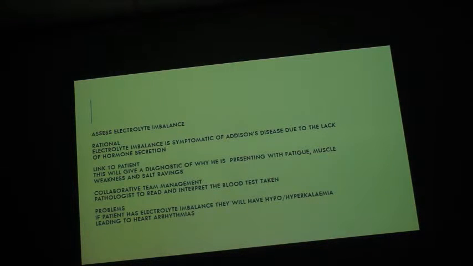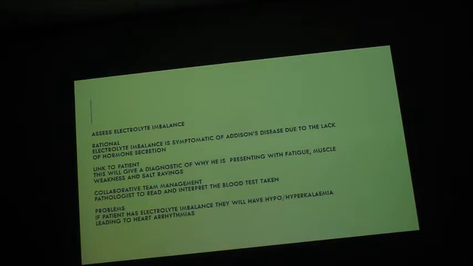John has presented with fatigue, muscle weakness and salt cravings, and the potential problem with this is that if the patient has electrolyte imbalance, he will become hypo or hyperkalemic, leading to heart arrhythmias. A nursing intervention that should be conducted is that electrolyte imbalance should be assessed every 30 minutes to 4 hours for the first 24 hours, depending on John's instability.